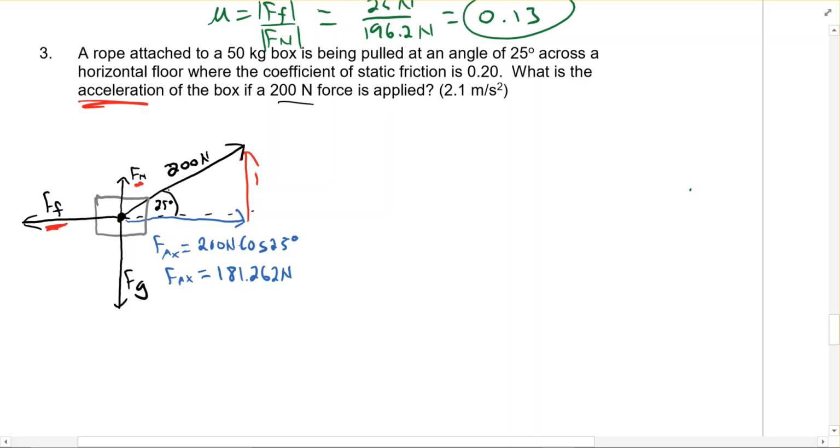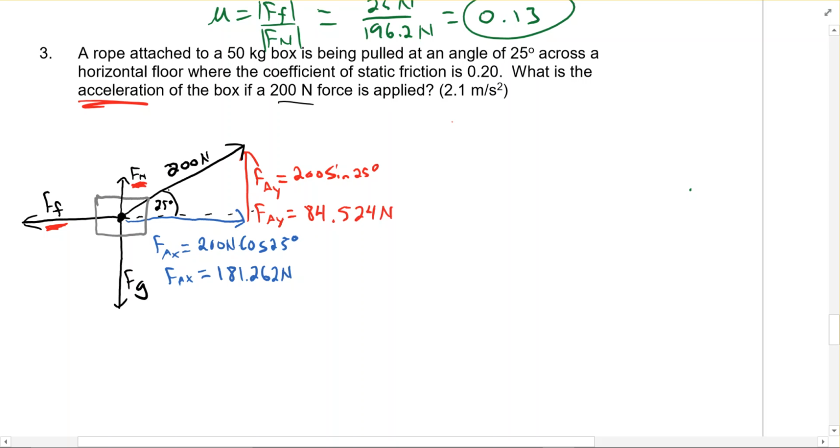In the y direction, it's going to be force applied in the y, same thing but sine 25, and that's going to be 84.524 newtons. And I'm just leaving my numbers long, because I'm going to leave them long up until the end. All right, so I know those things now. So let's figure out Fn. That's our first one we want to do.